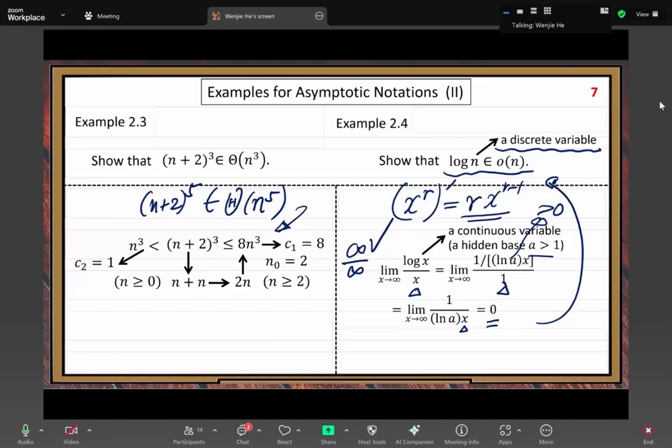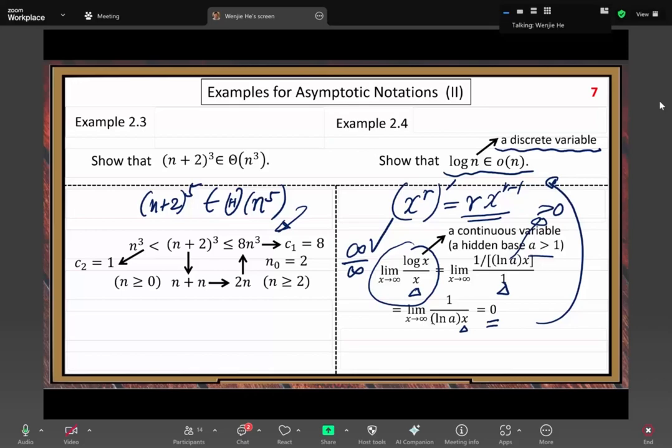Here the question is, the limit we calculated is the continuous variable version. We know the continuous version and the discrete version are slightly different in meaning.